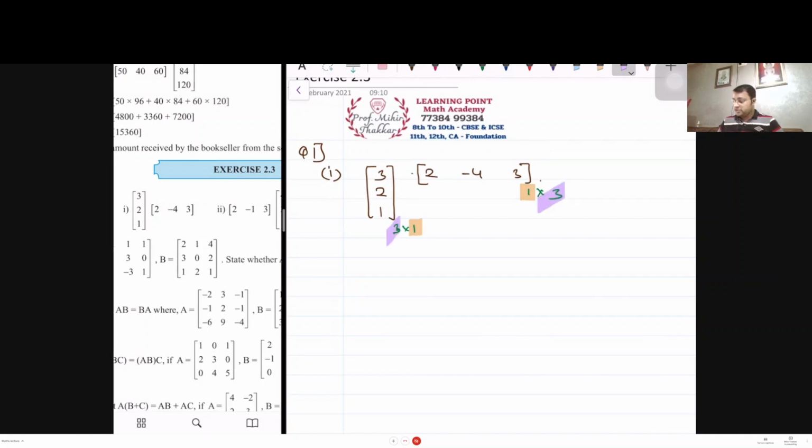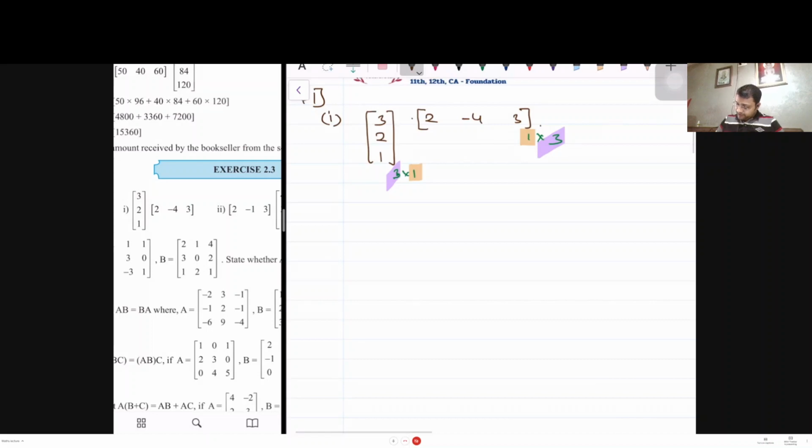As we all know, it is of order m by n. So, let me multiply. Because it is of order 3 by 3, I am just making the big brackets already. And then, the first element of the first matrix and the second element of the second matrix.